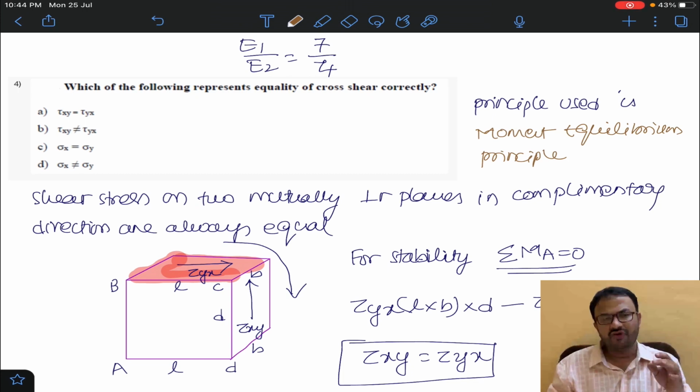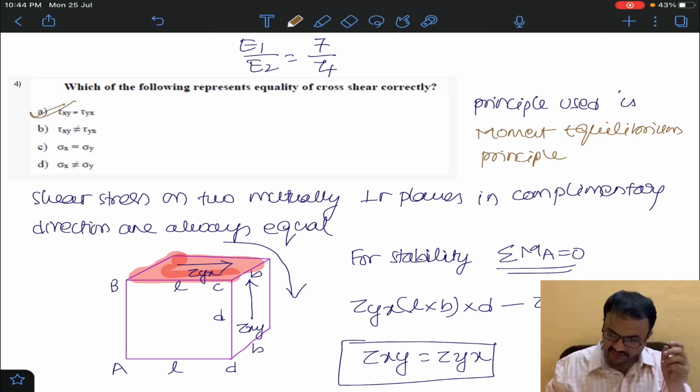Which of the following principles can be used to prove cross shear capacity is equal? The moment equilibrium principle will help us prove that shear stresses on complementary perpendicular planes are equal. Clear? So the answer is option A.